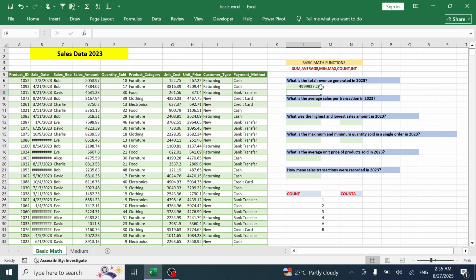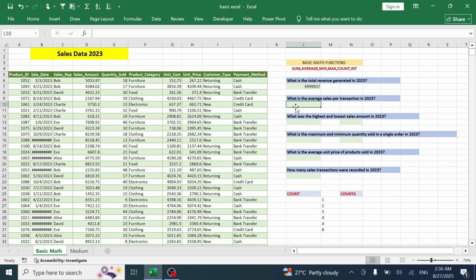Here you can see total revenue generated in 2023 is 49,99,937. If we want an integer value, not a rounded decimal, here we can use the int function.